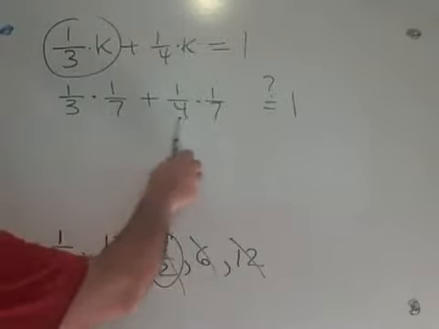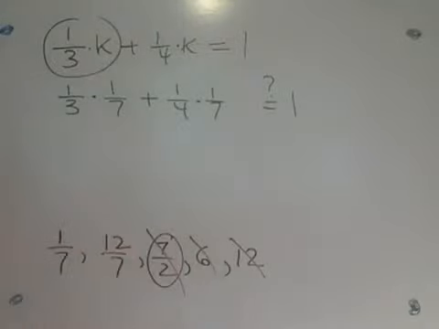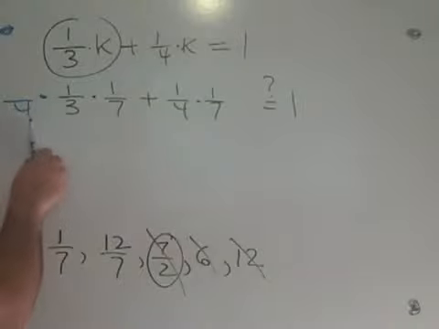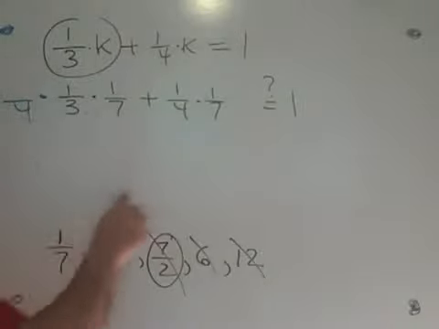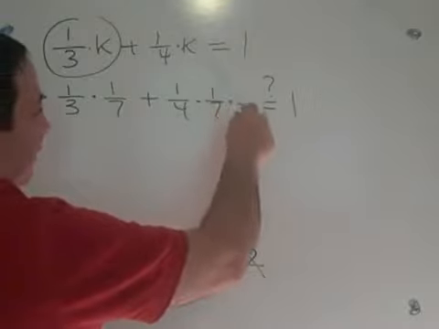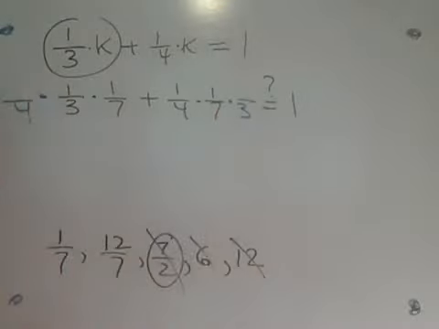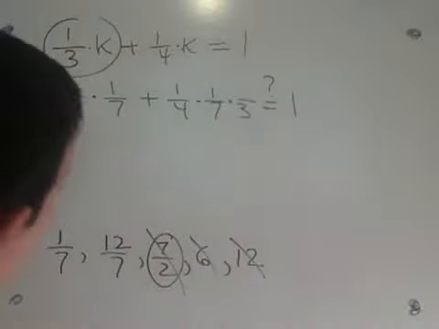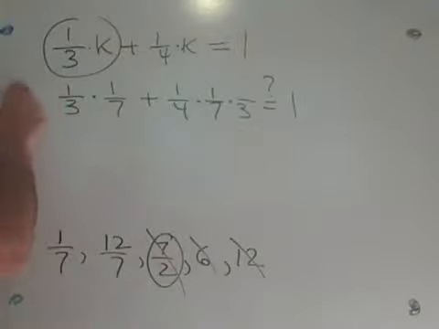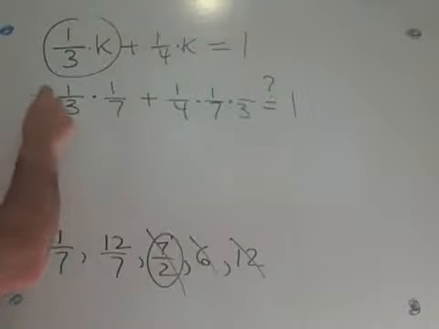3 times 7 is not 4 times 7. Now, if I had a 4 on the bottom, I'd have 4 times 3 times 7. And if I have a 3 on the bottom, I'd have the same thing. I'd have the same denominators, which would be excellent.